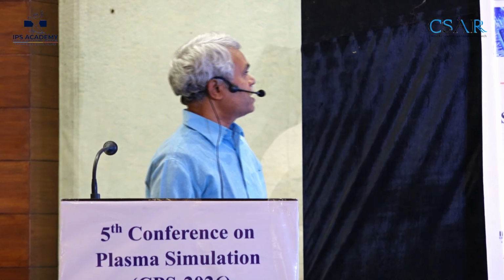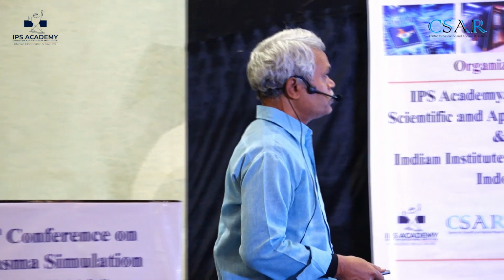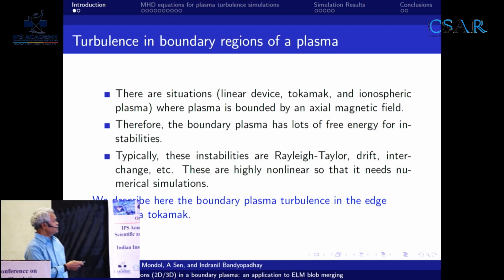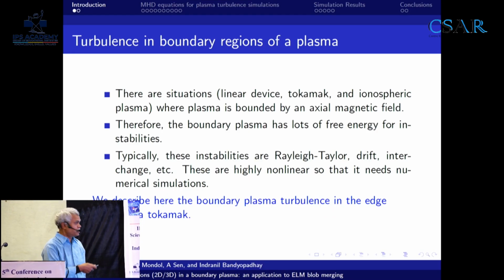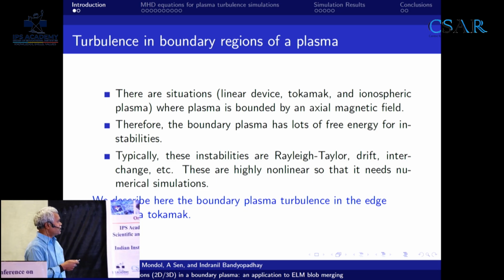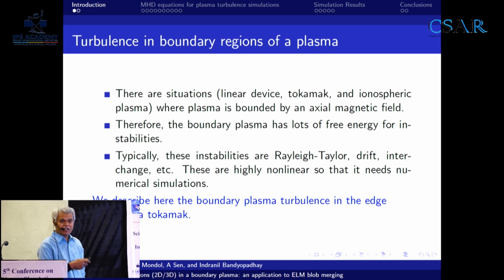This is about turbulence in the boundary region of a plasma. It can be various situations like linear device, tokamak, ionospheric plasma. Basically, the plasma where plasma is bounded by axial magnetic field.